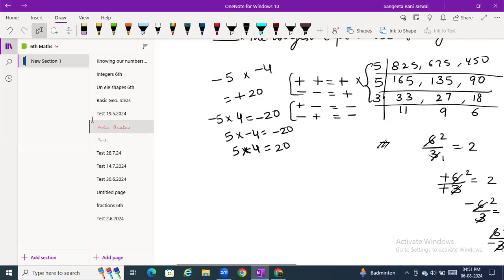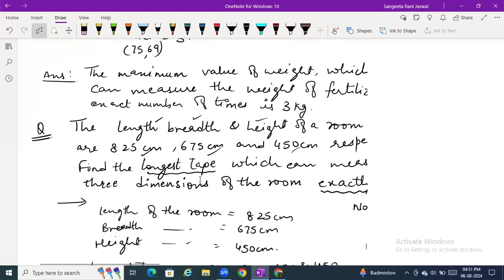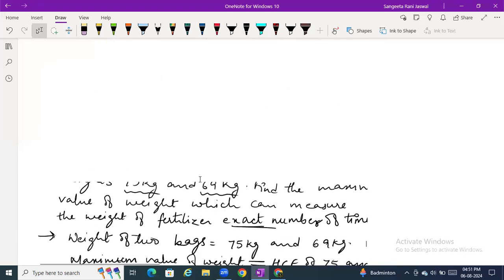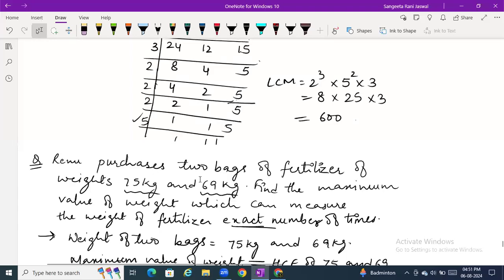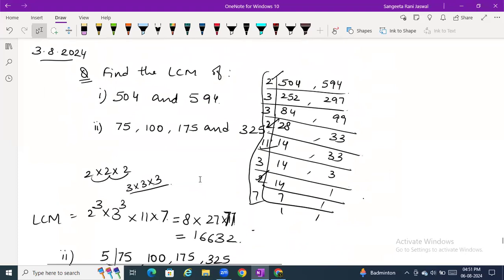So this was done. The 2 statement sums were done here, and some LCM questions also. So you can go to the resource section and you can take the content of the previous class.